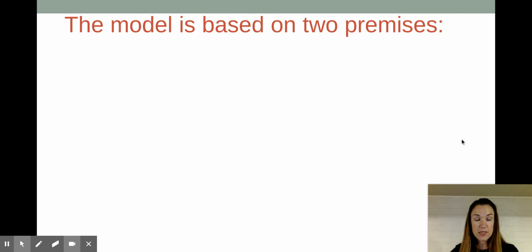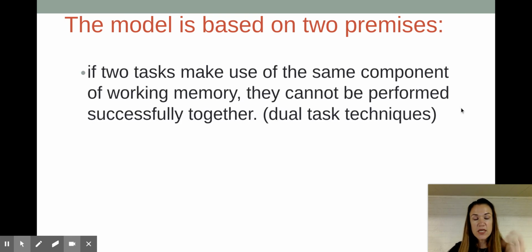This model is based on two premises. First, if two tasks make use of the same component, they cannot be performed successfully together. So if you try to say two things at the same time in your mind with the phonological loop, you probably can't do that, right?